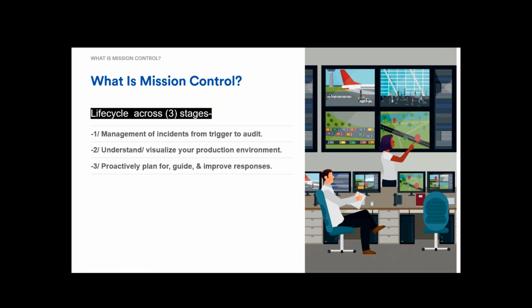I'll elaborate further on the breakdown shortly here, but let's first try to build a picture of some of the challenges that typically face organizations today, which would essentially trigger a need for a tool such as Mission Control.